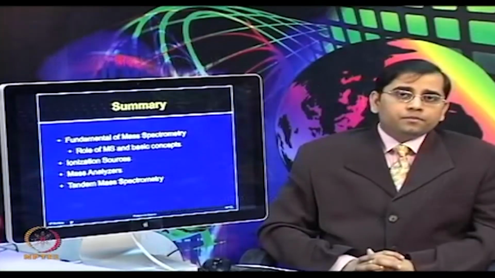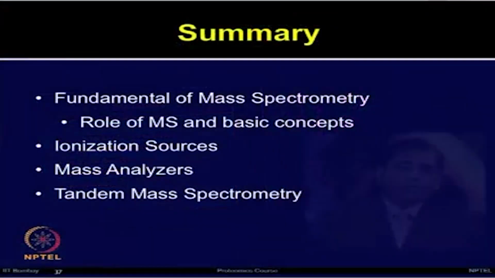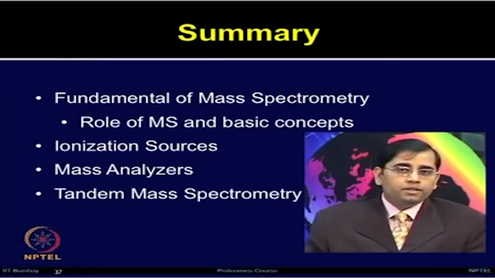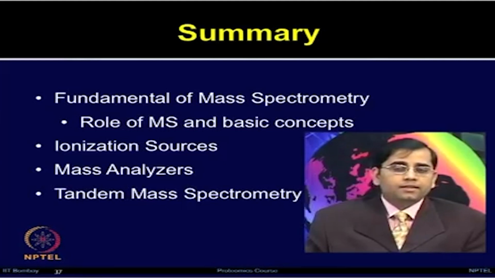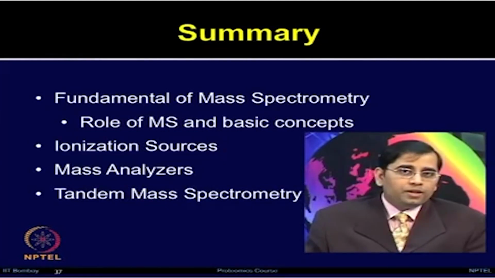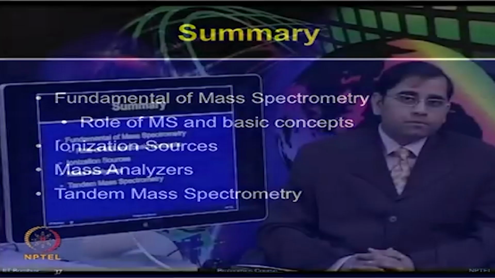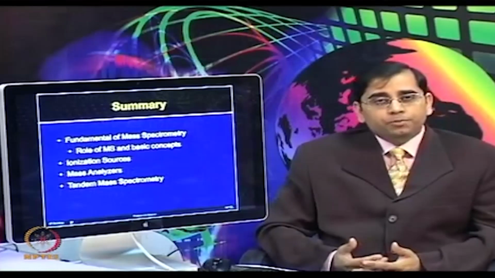So, in summary, today we talked about some of the fundamental concepts involved in mass spectrometry. We talked about different types of ionization sources, mass analyzers, detectors, and different types of terminology involved in evaluating the performance of these instruments. So, what should an ideal MS be?